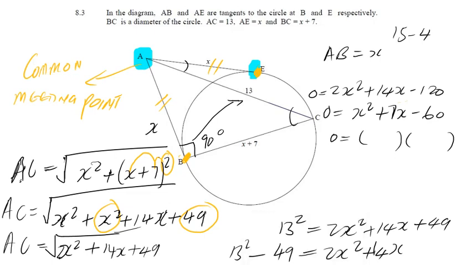So you need the factors that can give you 7.